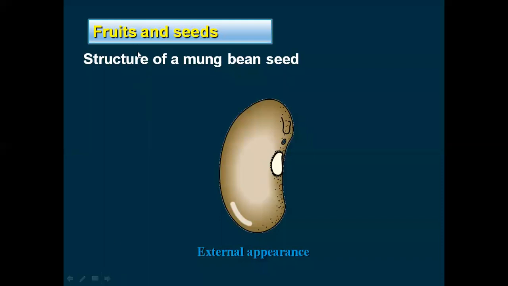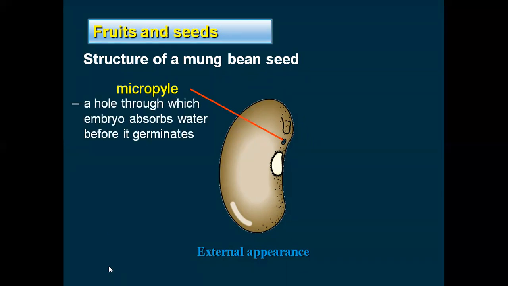Okay, now the structure of the seed. First, the external appearance. You can see the micropyle, which I discussed with you. It's a hole through which the pollen tube enters the ovule. But later on, after fertilization, when the seed develops, this micropyle is a hole through which the embryo absorbs water before it germinates.